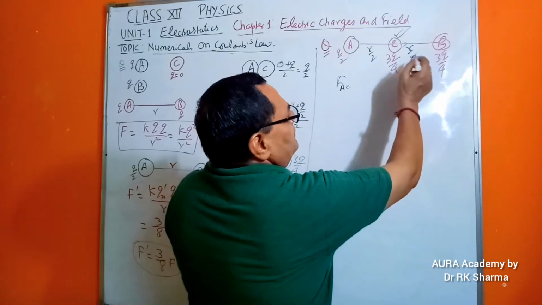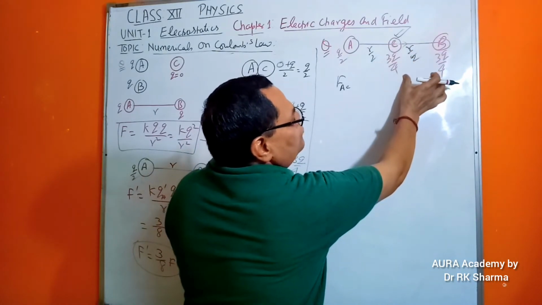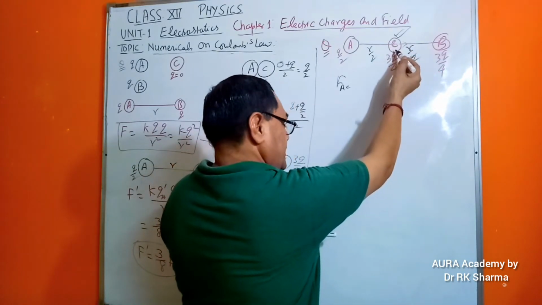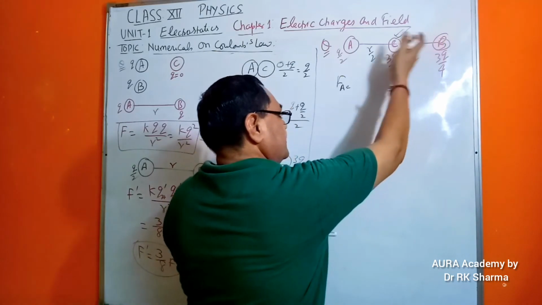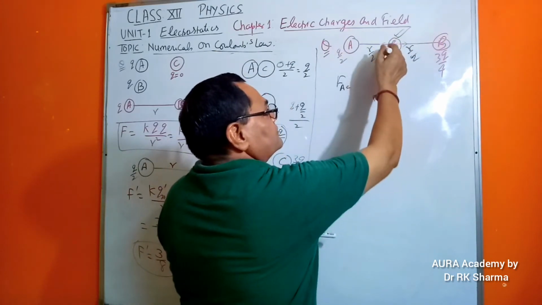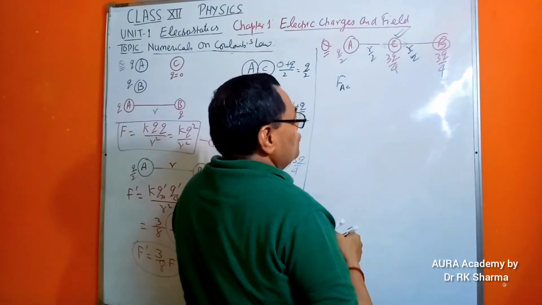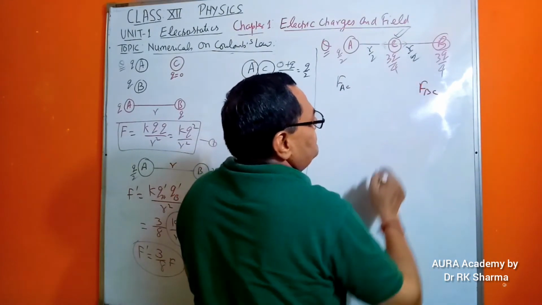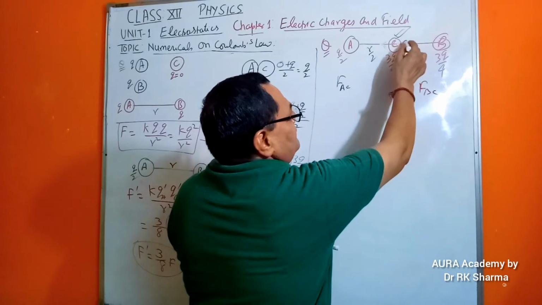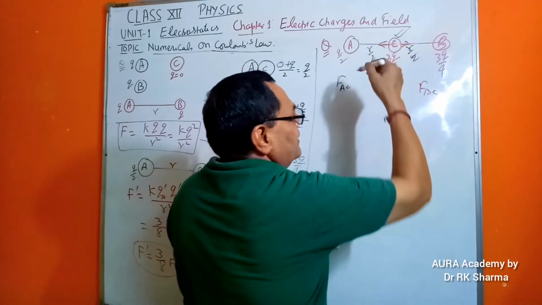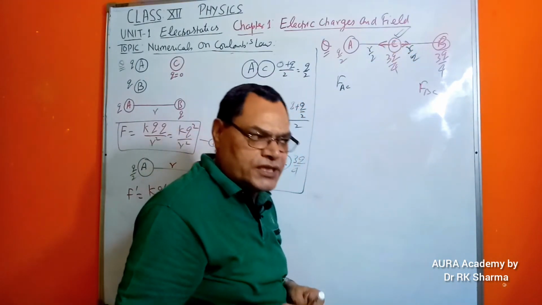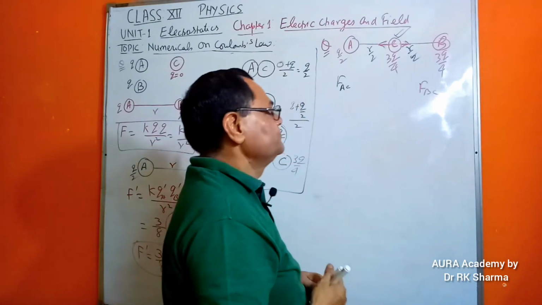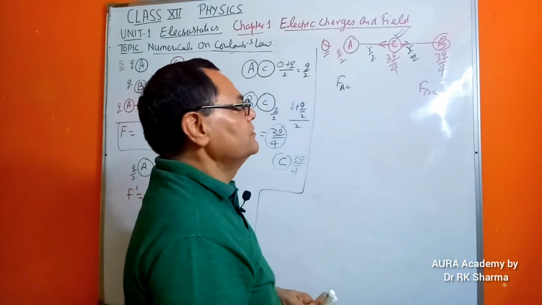Because between these two the force is to be calculated at point C, we will be repelling this, like this one. So you will have FBC as well. One force will be acting this way, the other force will be acting this way. We are asked to find the total or net force at C in this new condition.